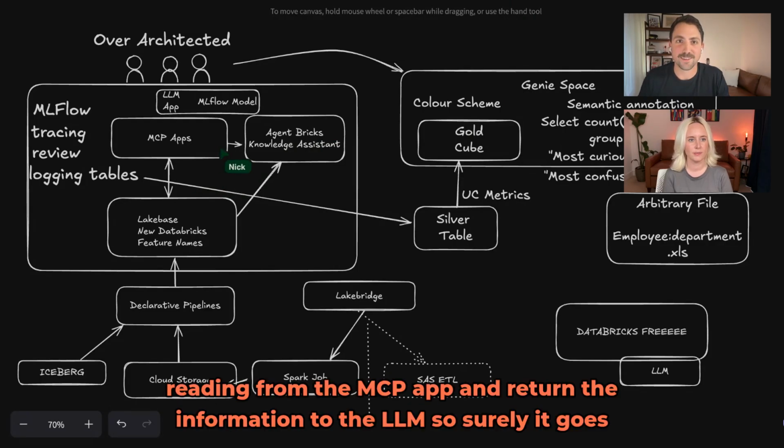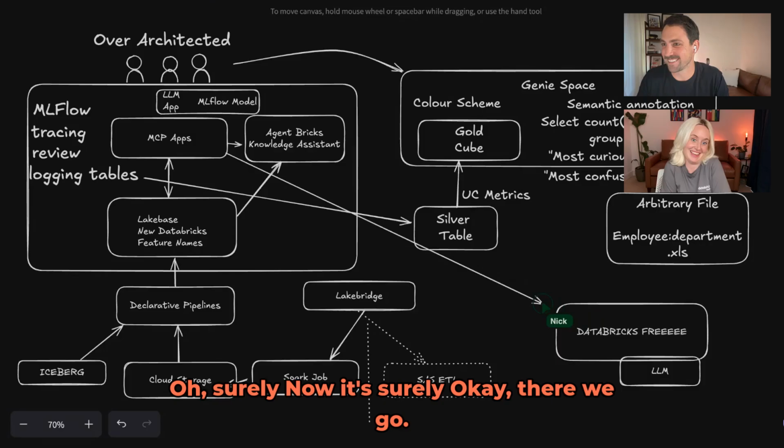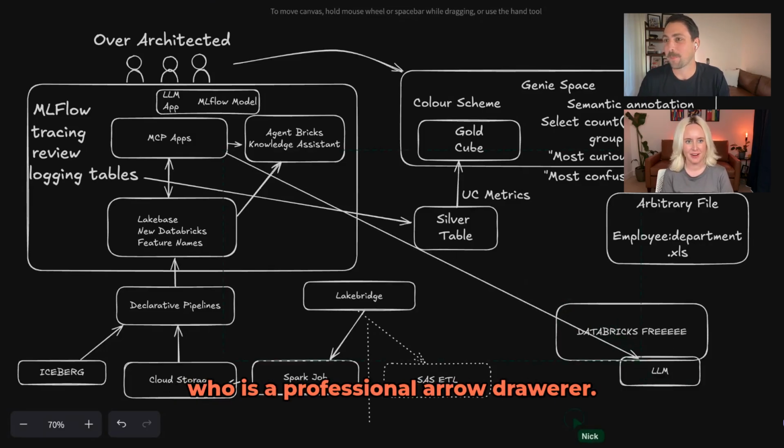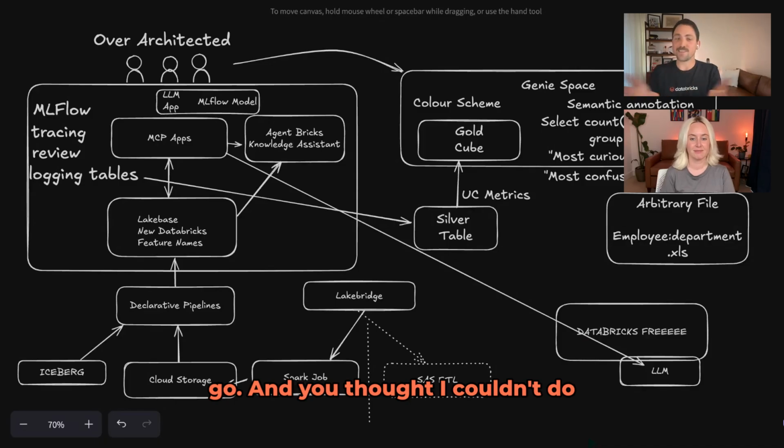Well, you're reading from the MCP app and returning the information to the LLM, so surely it goes from left to right. Oh, surely. Okay, there we go. Someone who's a professional arrow drawer. You started it. Give me criticism. Okay, there we go. I couldn't do it, it couldn't be done. And lo and behold.